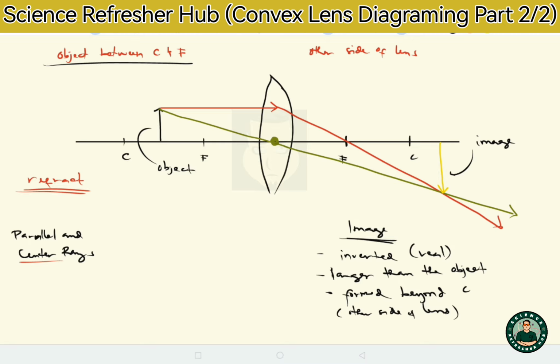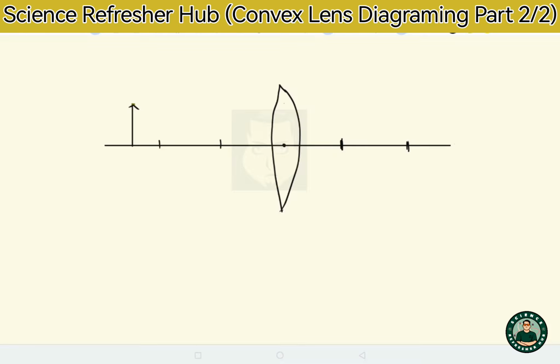I forgot, this is the center of curvature. So that is where the image will be formed when the object is in between C and F. It will form right here, beyond the center of curvature.